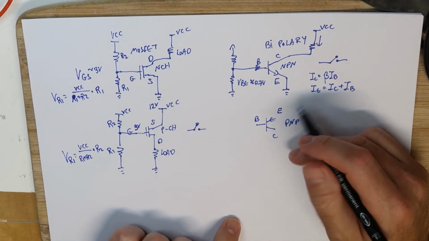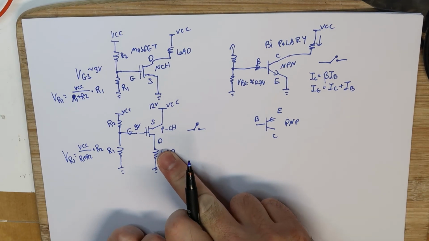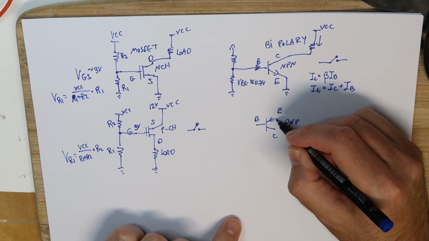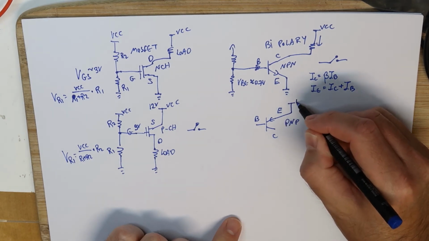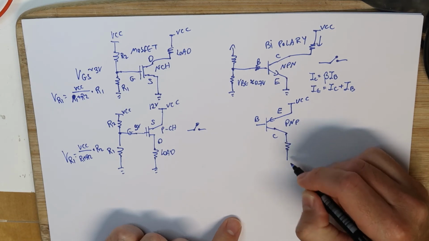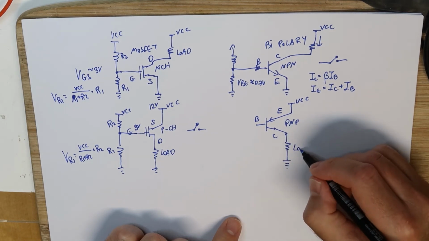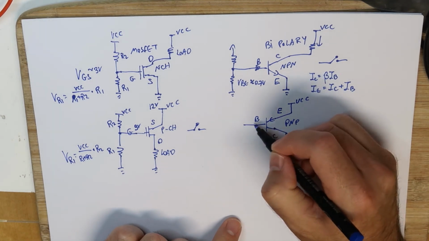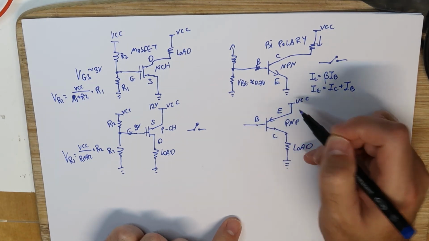On the PNP, it's similar to the P channel, and in order to make it work, we can connect the emitter to VCC, and then the collector will connect to our load and to the GND, and then we have to have VBE, which is with respect to the VCC here.